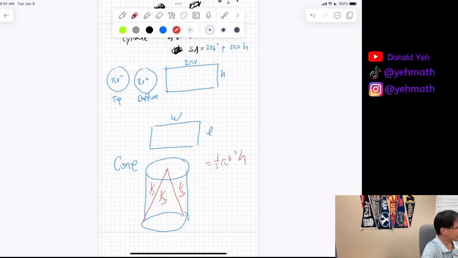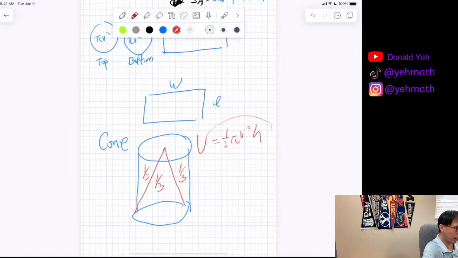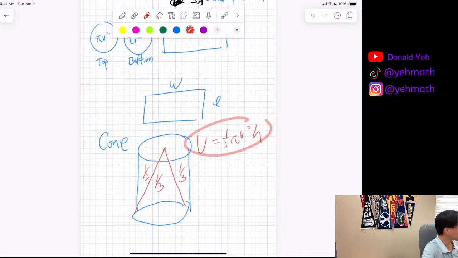That's the volume of a cone. You figure out pi r squared h, then multiply by 1/3, and you've got the volume of the cone. So got it?